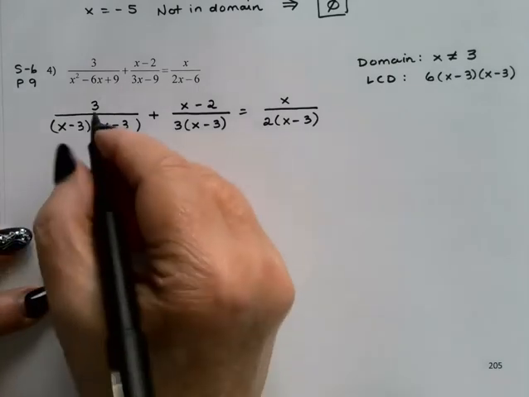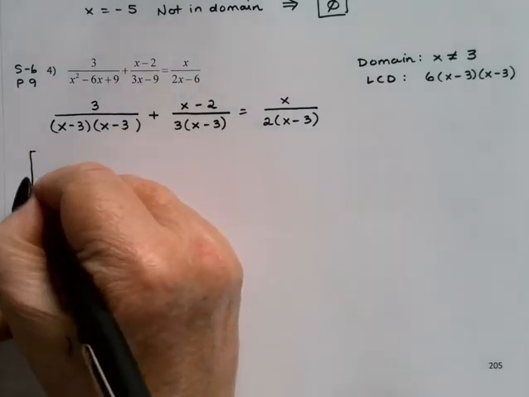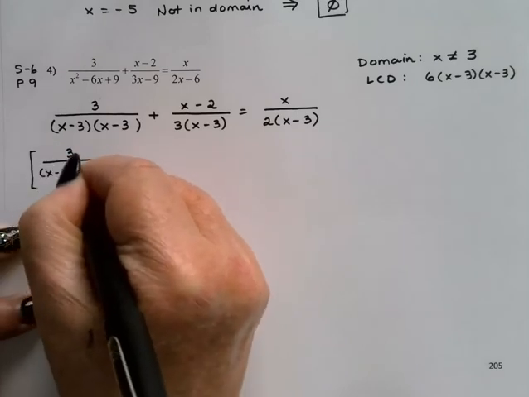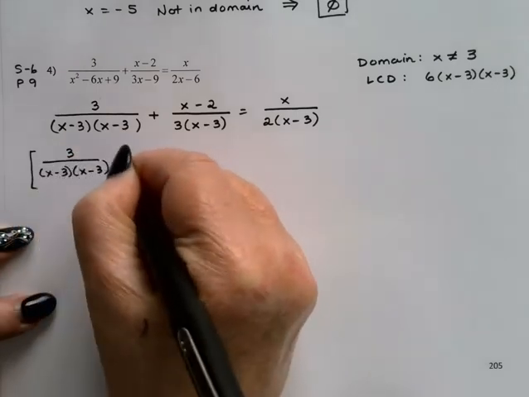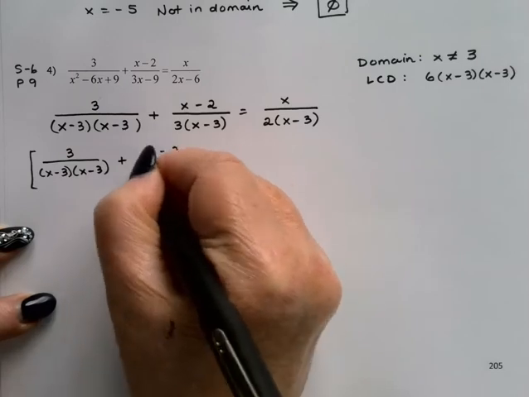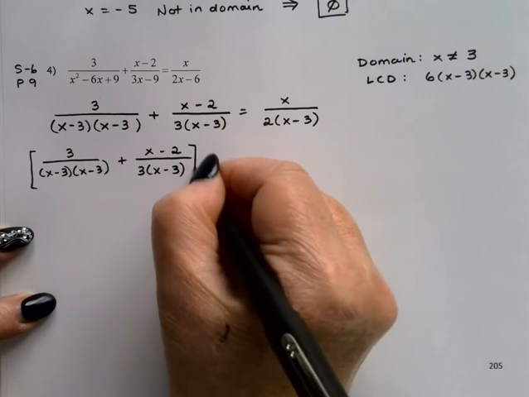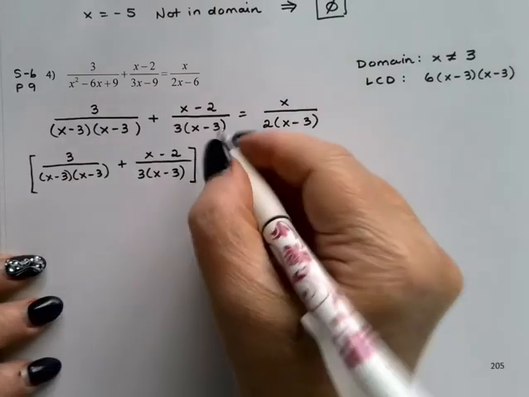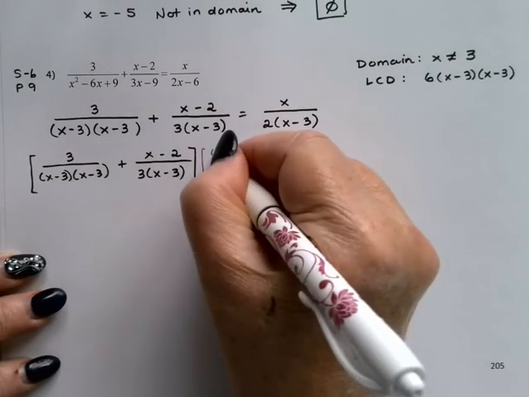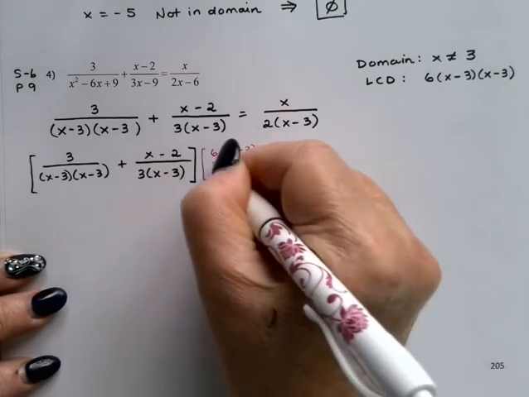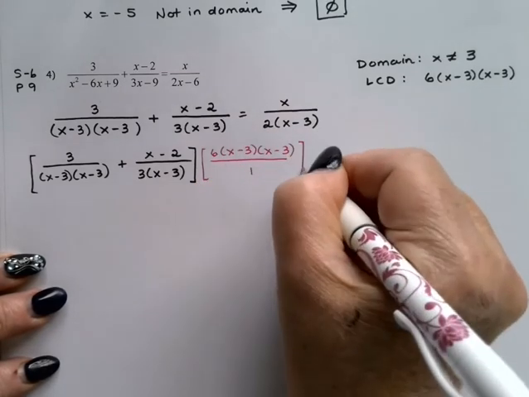So I'm going to take the entire left-hand side and multiply it by this LCD. Put it over 1 just to keep track of things.